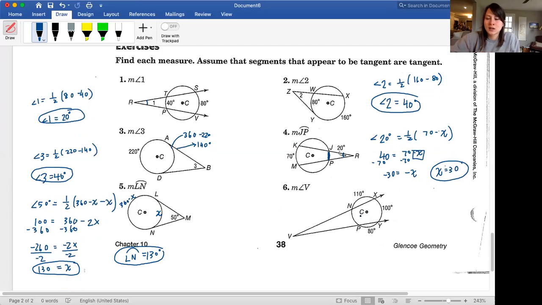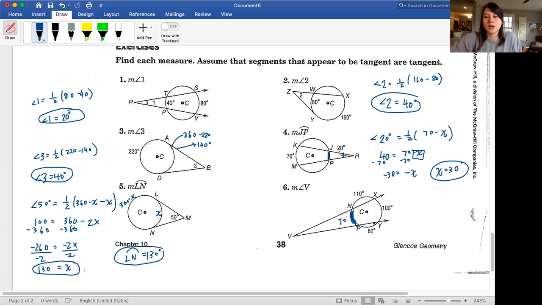Okay, last one. So let's use what we know of a full circle to find this little arc NP. So this full circle would be 360. So 360 minus 100 minus 80 minus 110, and you're left with 70 degrees.